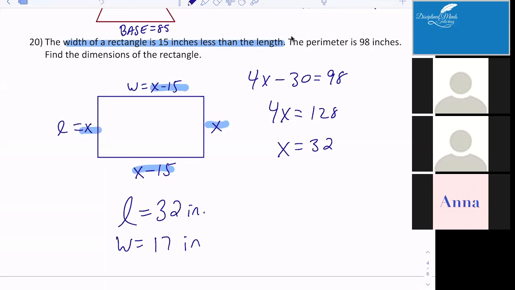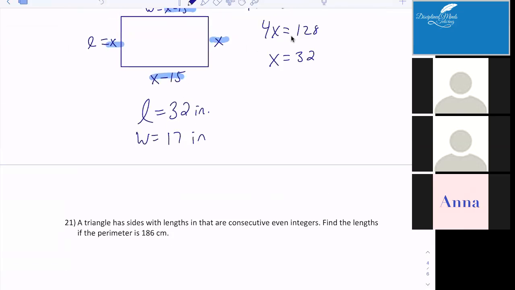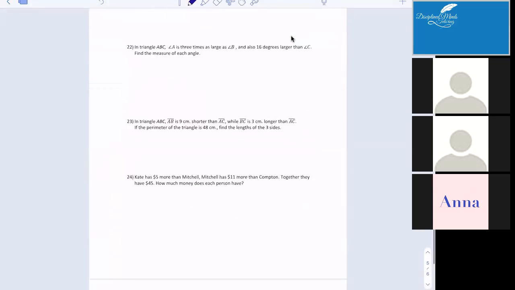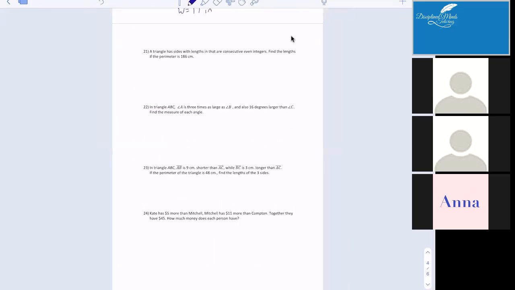Now I want everybody on their own to try 21 through 26. So you've got six problems. Some of you can do the mental math. If you can't get an answer, I don't care if you do the mental math, but part of the reason you're not able to get it algebraically is because you're not writing down the steps like I'm asking.